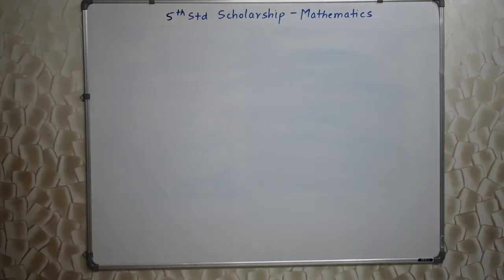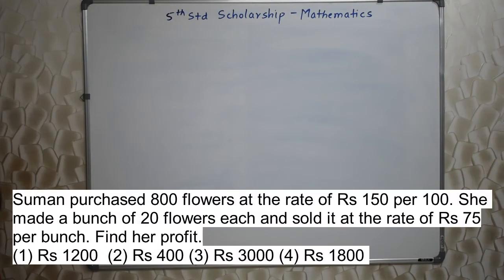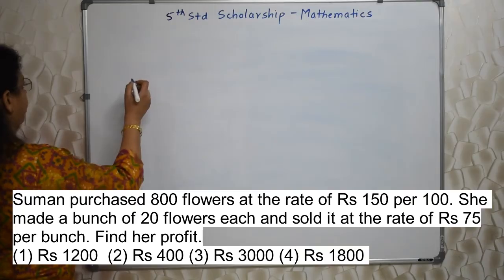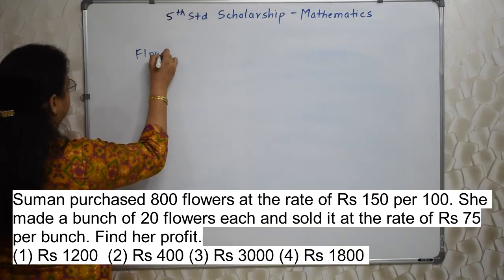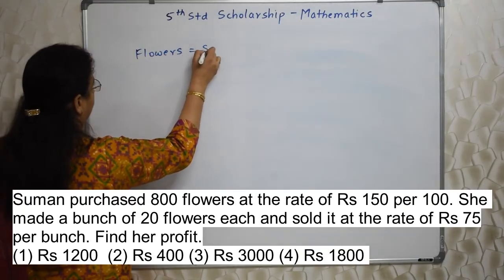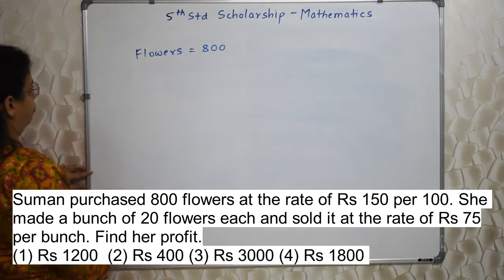Students, read the next sum properly. Suman purchased 800 flowers at the rate of rupees 150 per 100. She made a bunch of 20 flowers each and sold them at the rate of rupees 75 per bunch. Find her profit. Okay, Suman purchased how many flowers? 800. And what was the rate at the time of purchase?